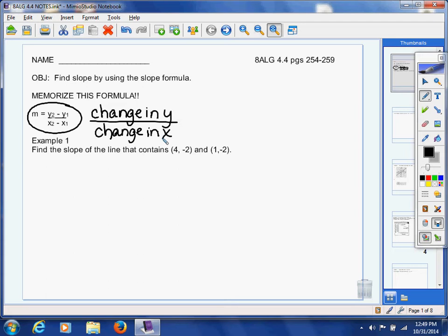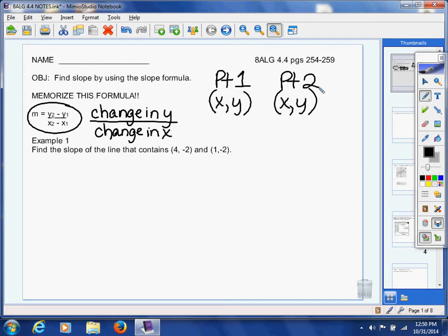Okay, now what do the y sub 2, y sub 1, what do those little numbers mean? Well, whenever you know 2 points, we know that the first number in a point is always going to be the x. The second number is always the y. Well, we want to distinguish between the 2 points. So call one of them point 1, and one of them point 2.